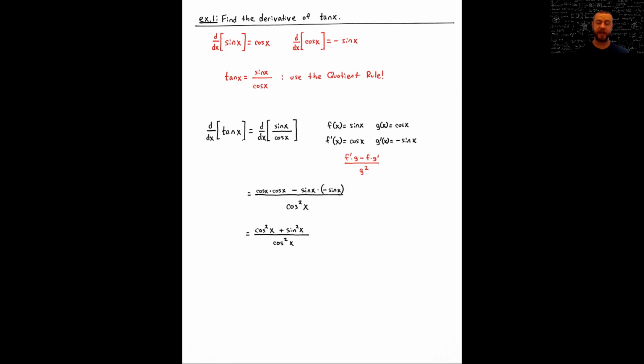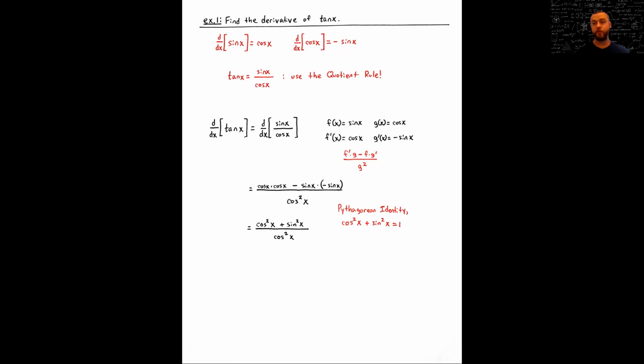It is the derivative of tangent, but due to some other trigonometric identities, this will simplify considerably. Now, I'm trying to be vague. With squared trig functions, we usually want to think of possibly applying a Pythagorean identity.